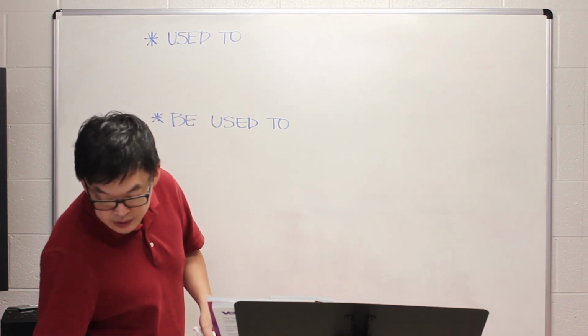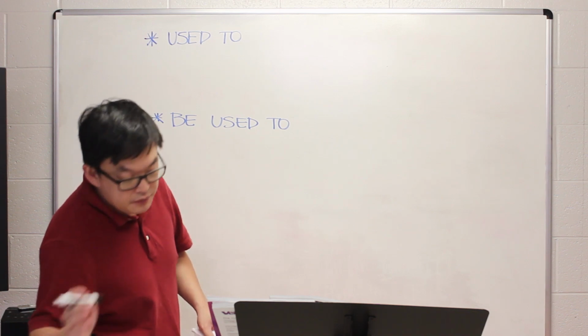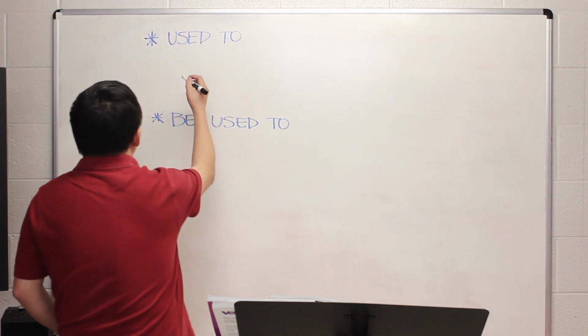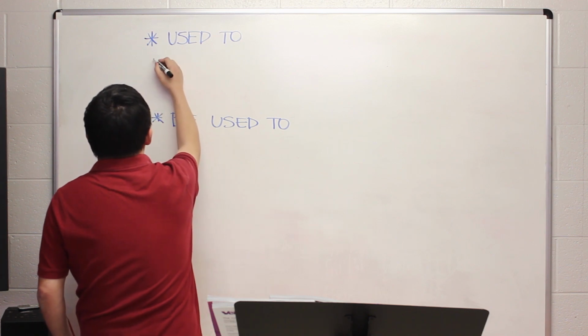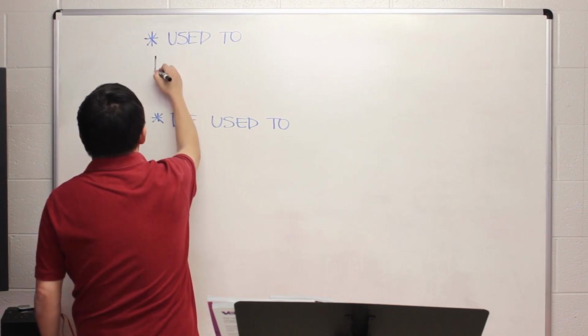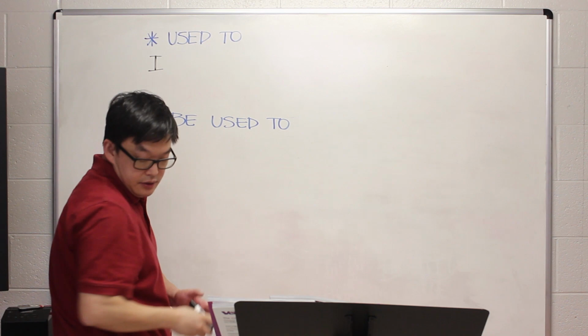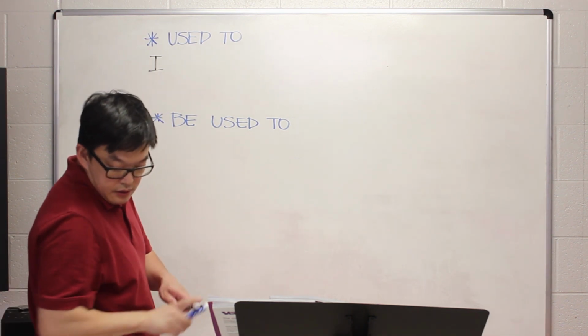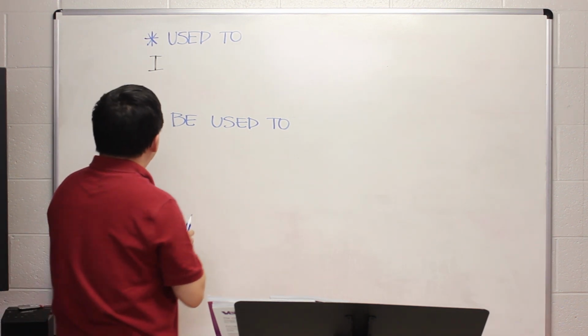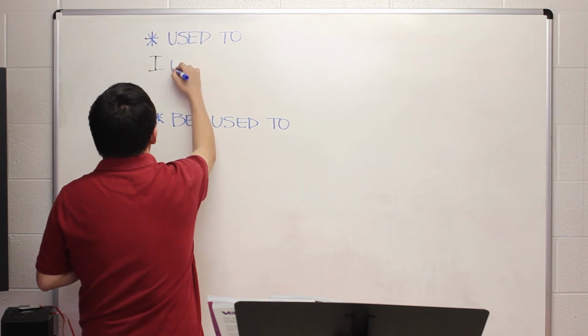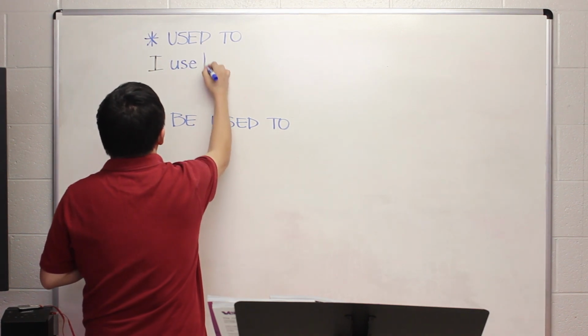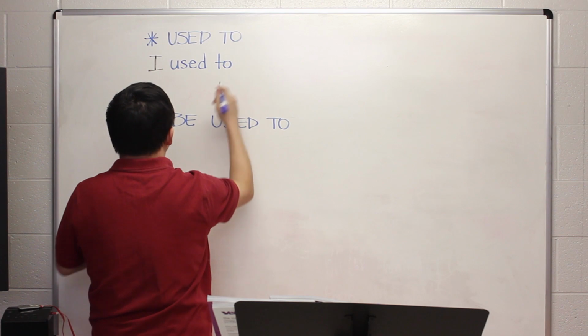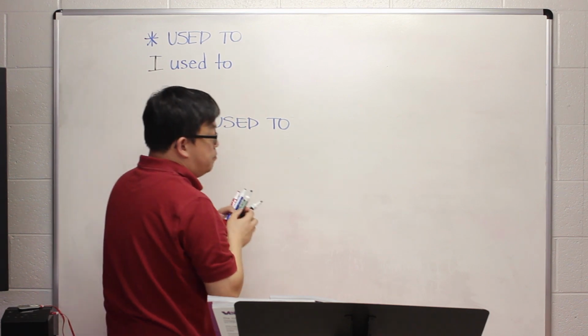so I want to say something like this. This is Daniel, okay? Look what I'm gonna use. Used to. Now is the base verb.